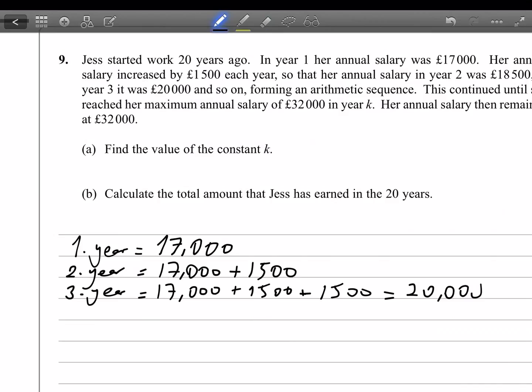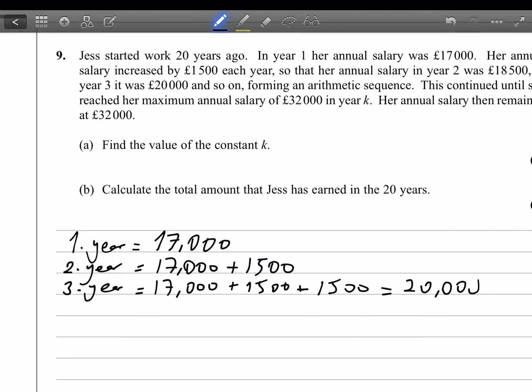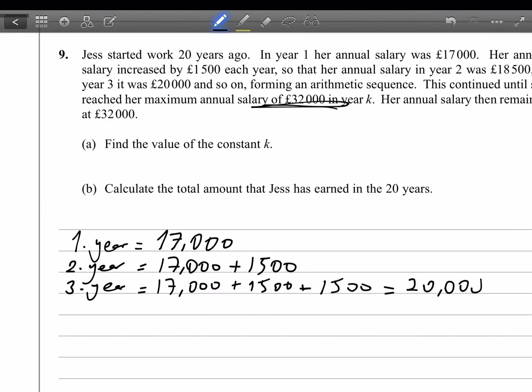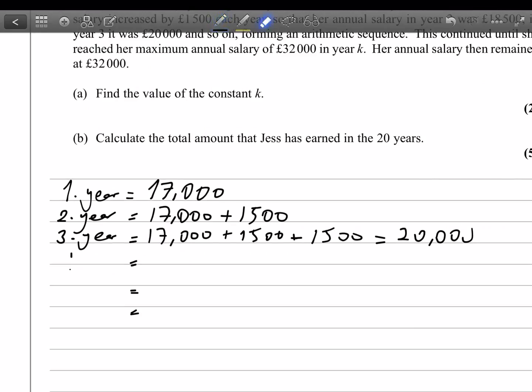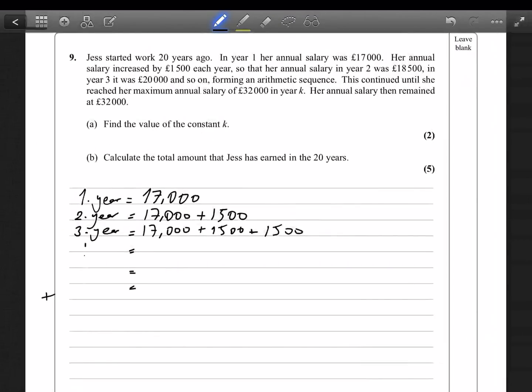Where she will get 32,000, we don't know. But we can find it by calculating in an easy way.